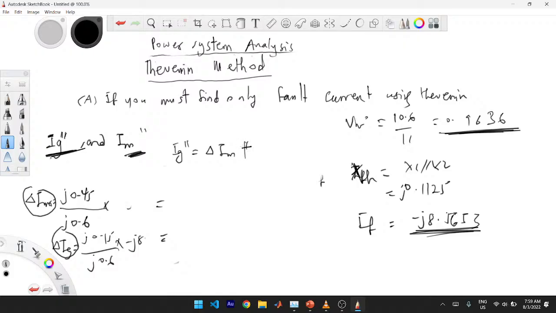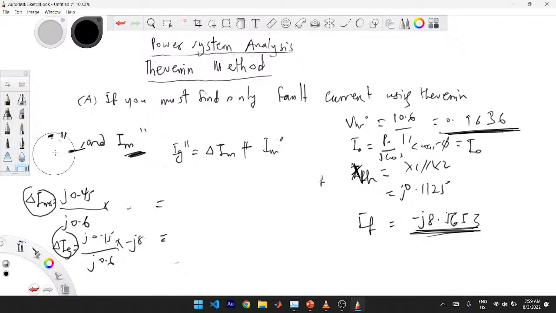initial current. So when you're finding your VM naught, you also have to find your I naught, as we did, as P naught over V cos phi, angle cos inverse of phi. You do that and find your I naught. You follow? So when you find your I naught, you come and add that I naught here. So let me call it IM naught here.